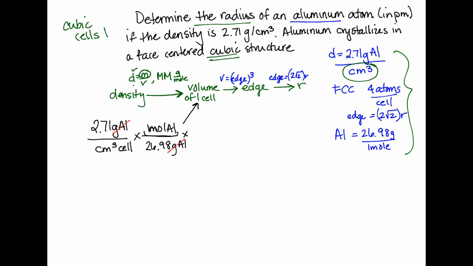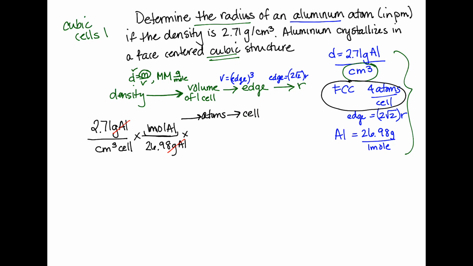So I'm going to look over here at my information and see what I can do to relate those things to each other. I know that it's face-centered cubic, so there are 4 atoms per cell. So it seems to me that I need to get from moles to atoms, and then I can get from atoms to cells.